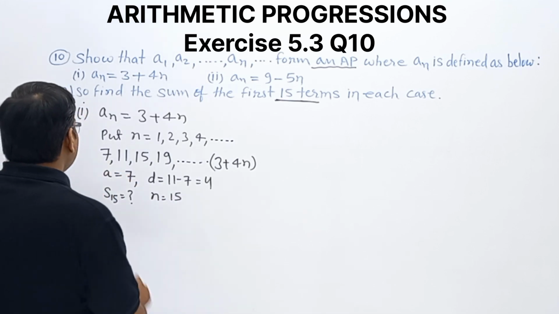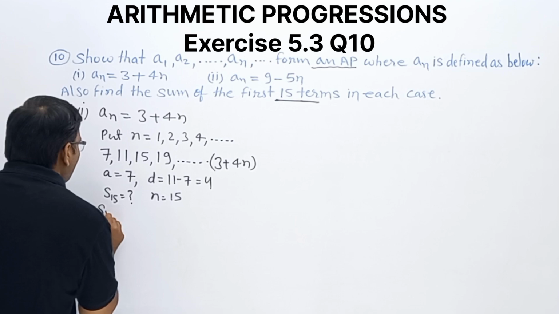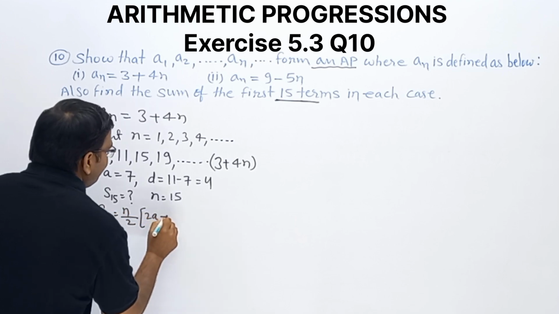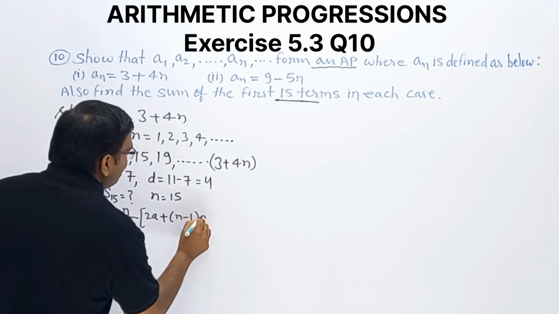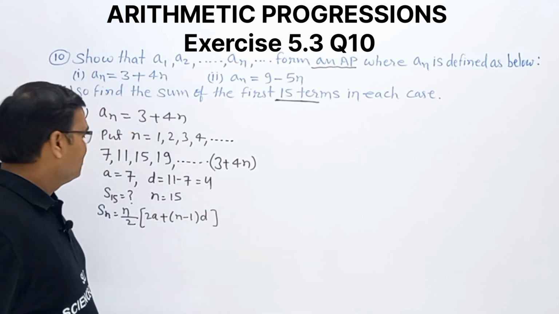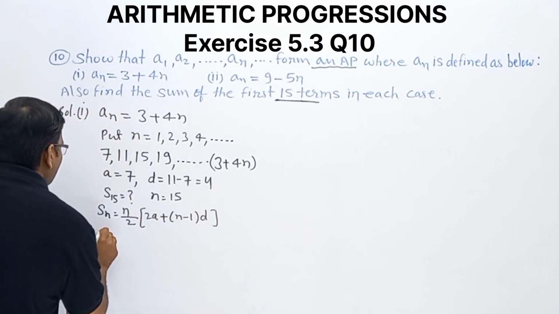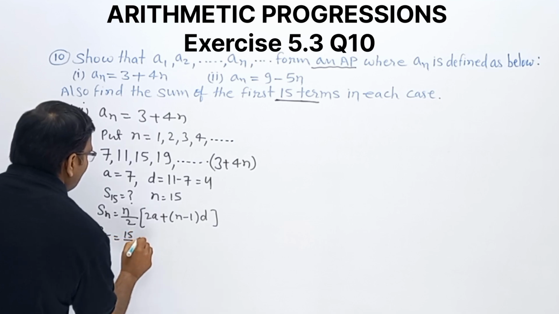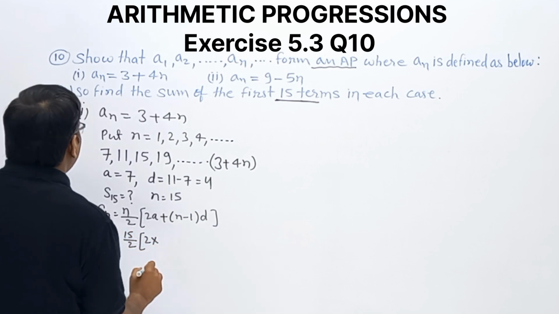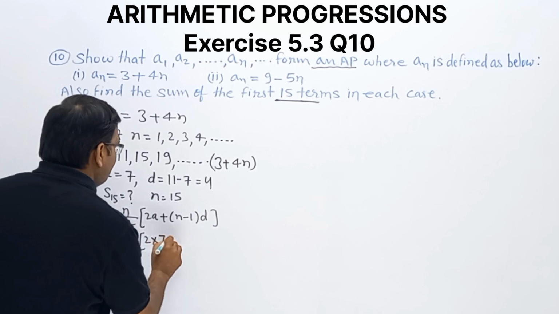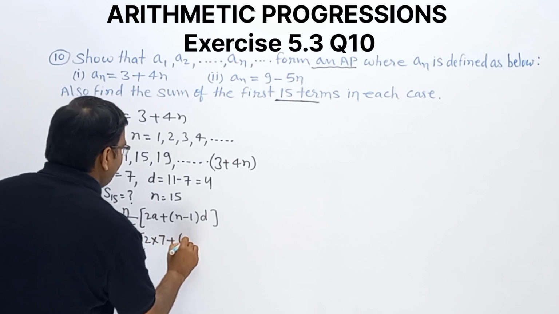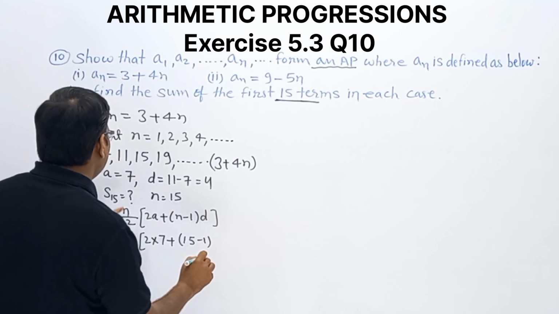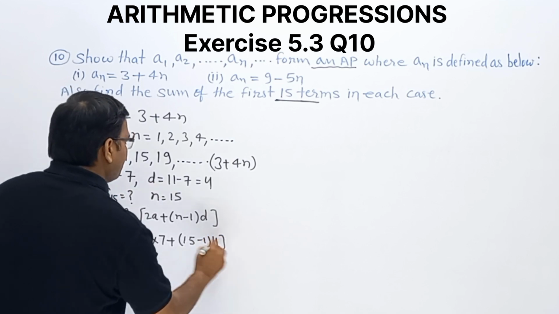The formula for the sum of n terms of an AP is Sn equals n by 2 into 2a plus n minus 1 into d. This is the formula. Now n is 15, so S15 will be 15 by 2 into 2 into a, where a is 7, plus 15 minus 1 into d, where d is the common difference 4. Clear?